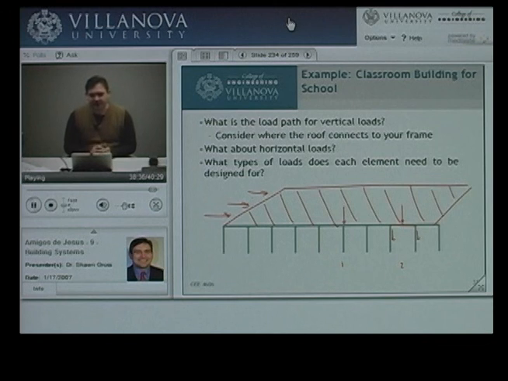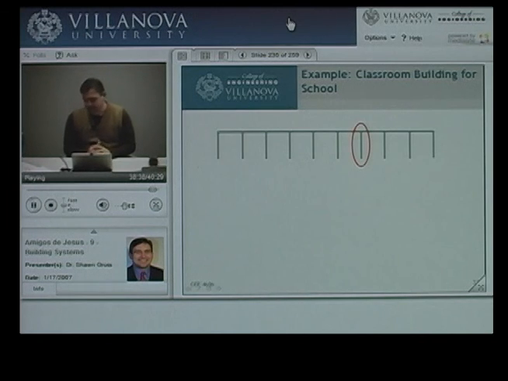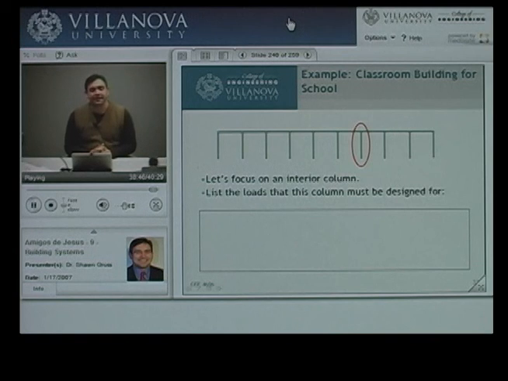If I pick one little element out of that, here's a column. I could have you do the exercise, focus on that interior column, and pose the question to you, list the loads that that column has to be designed for. For example, I've got the self-weight of the column, which is clearly a simple axial load. Maybe I have the roof, potentially an uplift force.